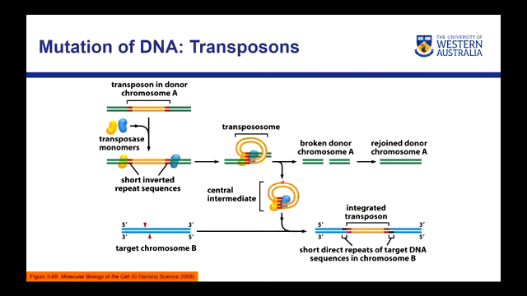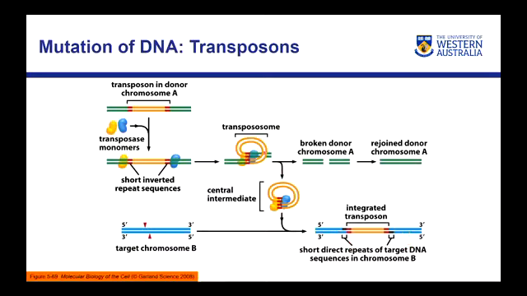And this is a central intermediate. Along comes the target chromosome B, which has these short direct repeats of target DNA sequences. And these short direct repeats tell this intermediate where to insert itself. And so it gets integrated into chromosome B here.